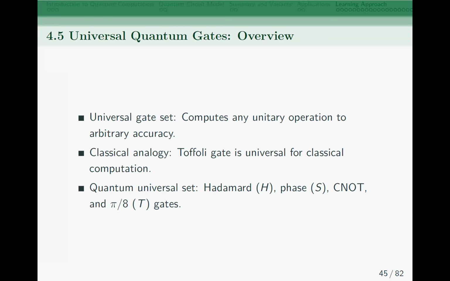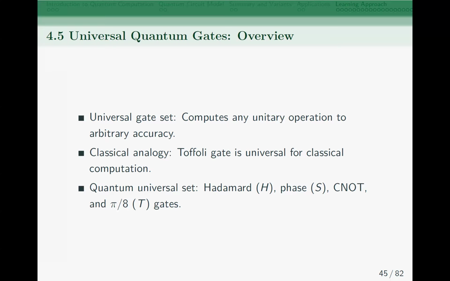So that means the target is 1 plus A times B. If A is 1 and B is 1, then A times B is 1, and 1 plus 1 is 0. So this is NAND. You forget about the other two, and you get the NAND gate. So the Toffoli gate is exactly the same as the NAND gate as a classical computation. Hopefully it's obvious.